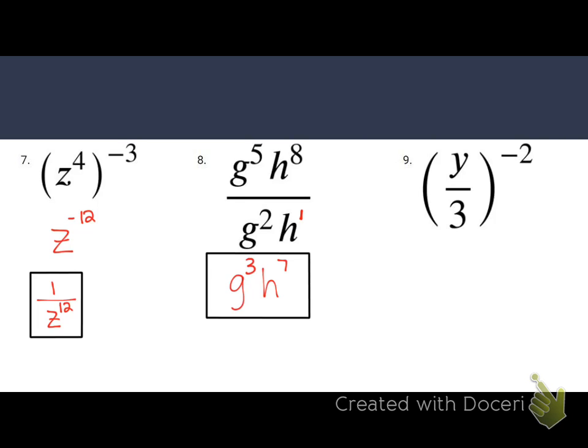Okay. Problems like number 9 are going to introduce us to something a little bit different. Number 9 can also be done multiple ways. One way of doing it is to deal with the negative exponent first. The other way of dealing with it is to get rid of the parentheses first.